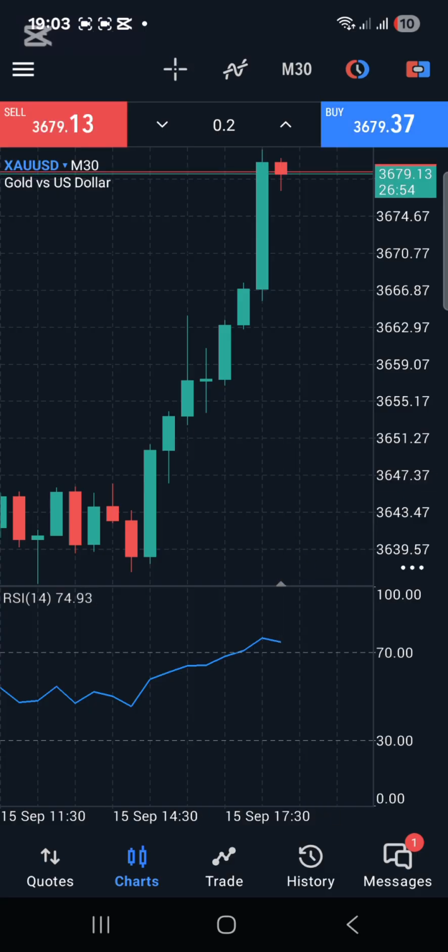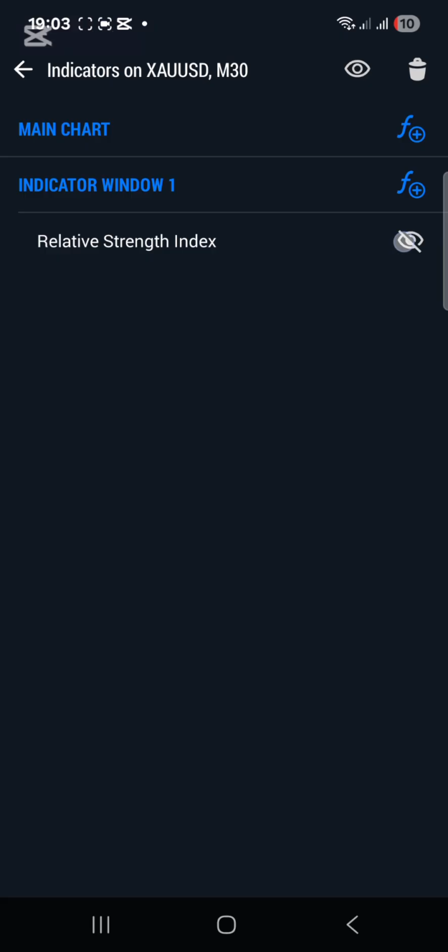And after that, the second tool, this N with a straight line at the middle. This is the indicator. If you want to add any indicator, you come here, you click on that.